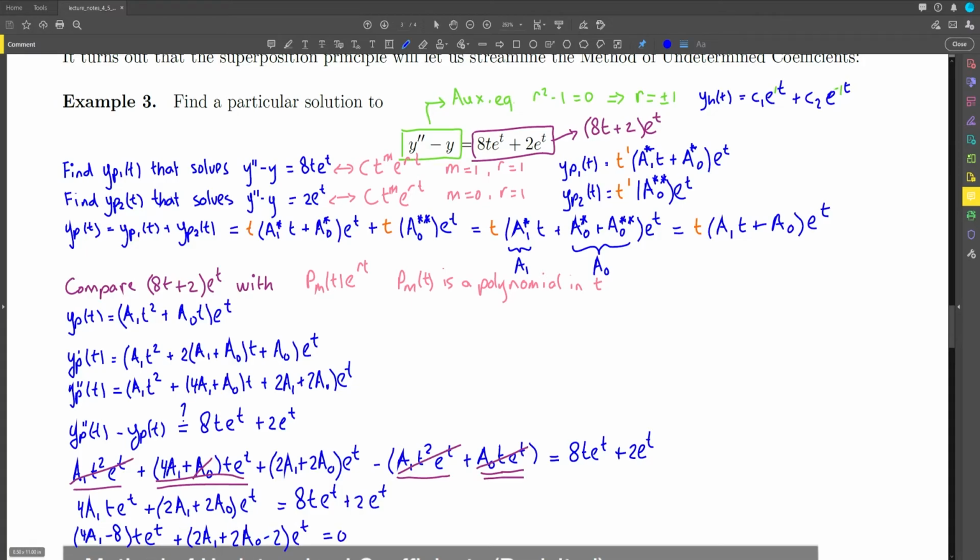Now, because this has to equal 0 for all values of t, it means that this coefficient has to be 0 and this coefficient has to be 0. So what we get from there, let's move up here. We get that 4a1 minus 8 equals 0.